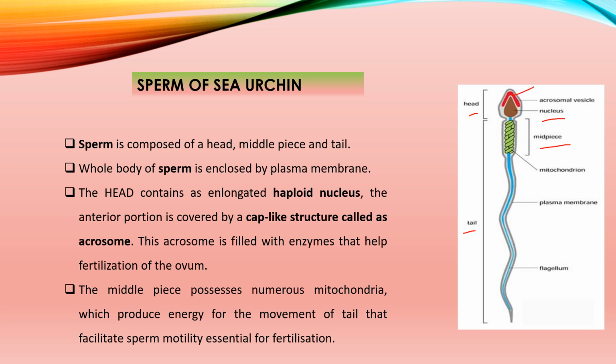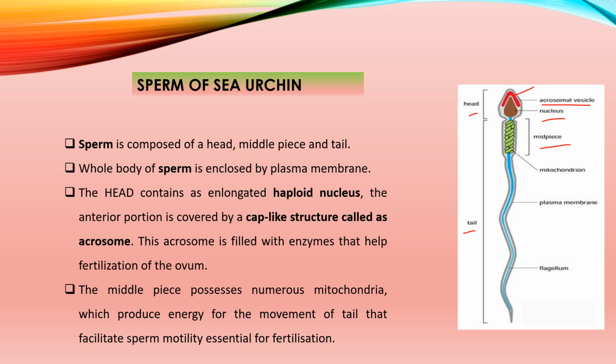This cap-like structure is called the acrosomal vesicle, and it is filled with proteolytic enzymes. The exocytosis of the proteolytic enzymes helps in the process of fertilization. We will discuss more about it in our coming slides.